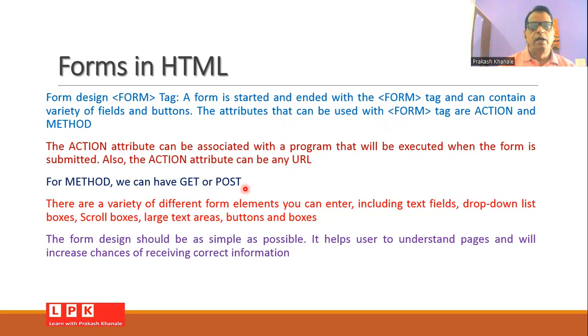You can have different elements in the form. For example, you can have a text field, a drop-down list, scroll boxes, a large text area, buttons and boxes. Whenever a user is asked to enter some information, the HTML programmer has to see that the form is as simple as possible. Because if the form is complicated, the user may face certain problems while entering the information.